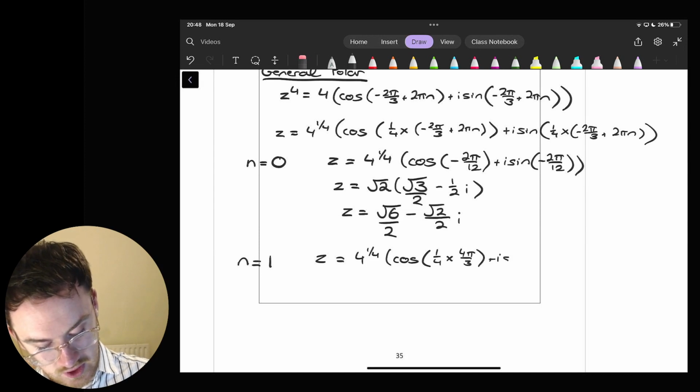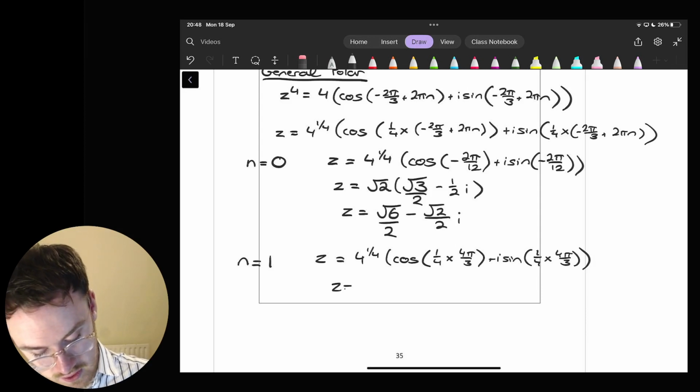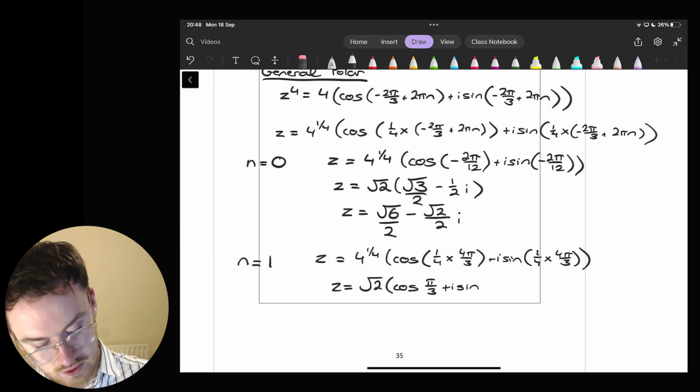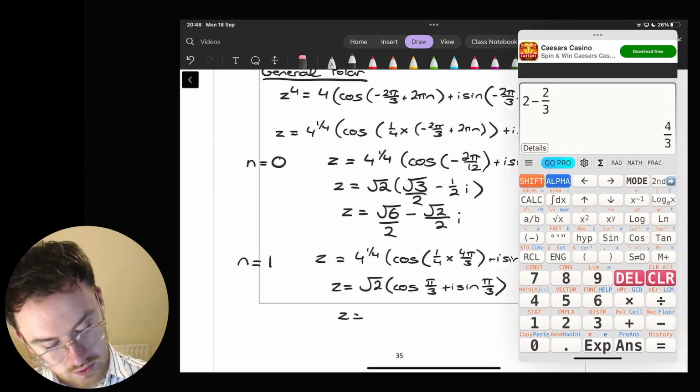And the same thing here, i sine a quarter times 4 pi over 3. Let's work this out now. So again, root 2 cos of pi over 3 plus i sine of pi over 3. And then we can actually work out those values.